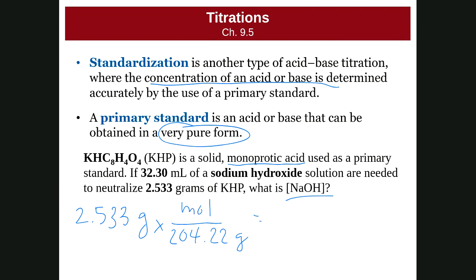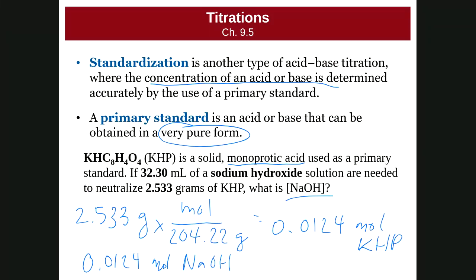So that means that we are neutralizing 0.0124 moles of KHP. And like I said, a monoprotic acid has a 1-to-1 relationship, so that means that we're using 0.0124 moles of sodium hydroxide for this neutralization.